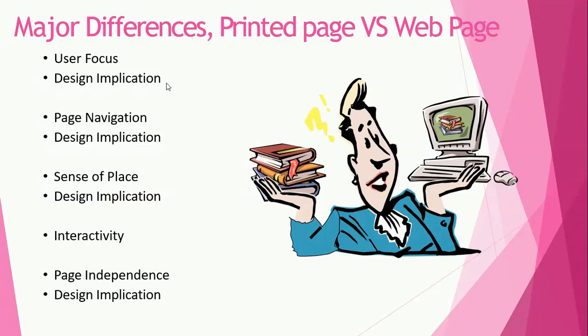So in this difference, printed page versus web page, in a few points there are certain design implications. Design implication in the sense of how a web page has to be designed. Actually, the printed page has certain standards, and these standards are also followed in web page designing. The font style, or 100% zoom you are going to use in the case of a web page.